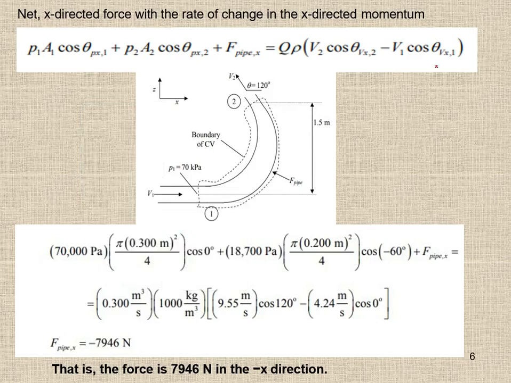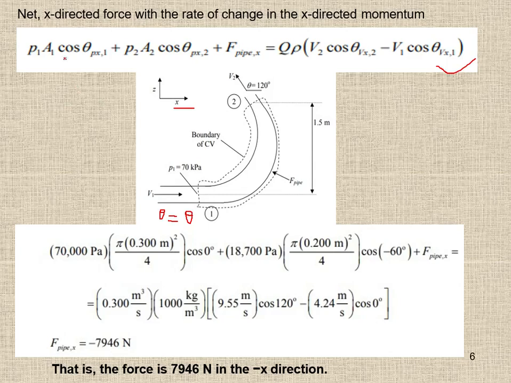In the x direction the velocity is coming horizontal, so here theta is equal to 0. The angle between the flow and the x-axis is 0.